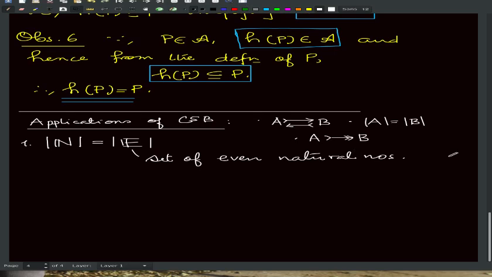Could you settle this? This is the simplest.